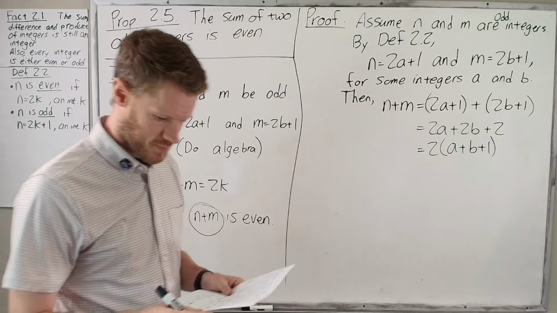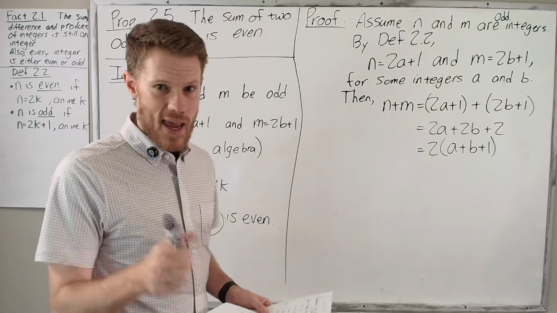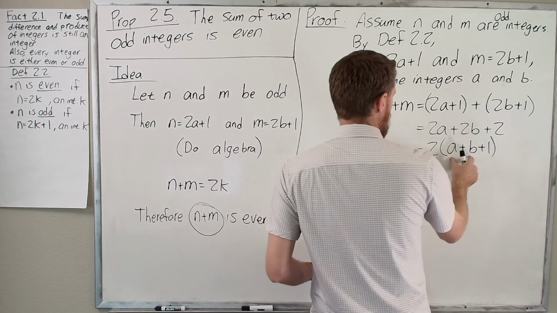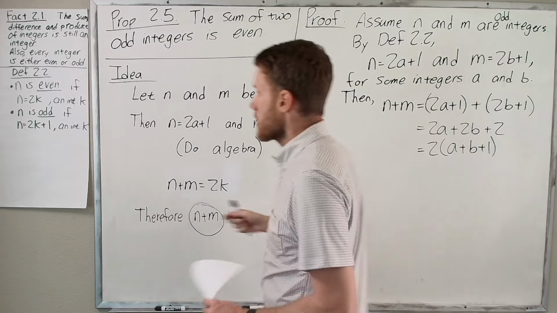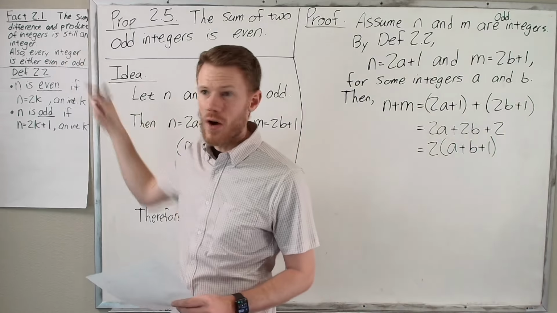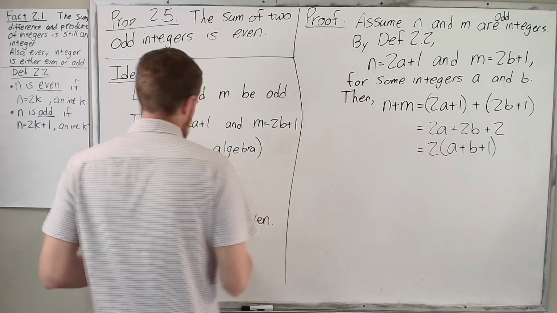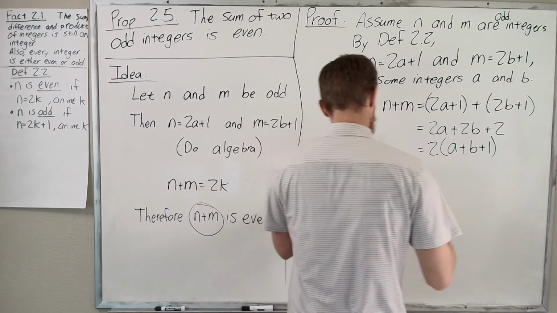Okay? And this is great. a, b, and 1 are all integers, right? We know 1's an integer, and a and b are assumed to be integers. Therefore, by fact 2.1, we can say the sum of integers is still an integer. So it works out just fine.